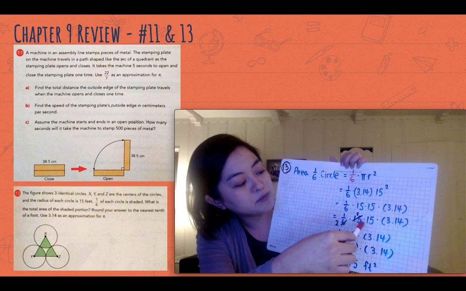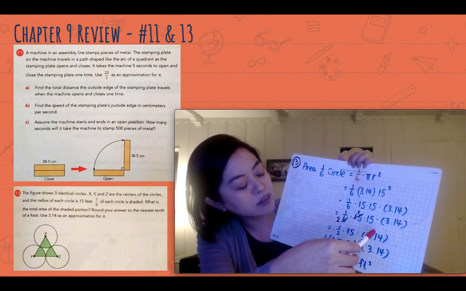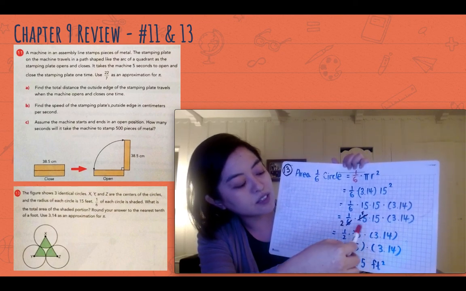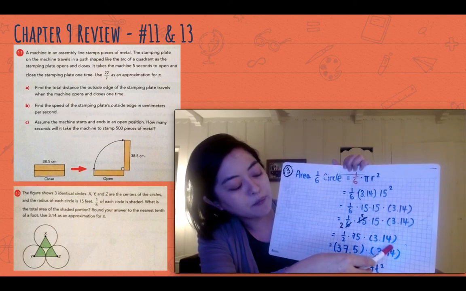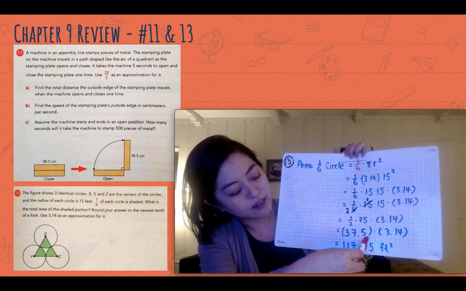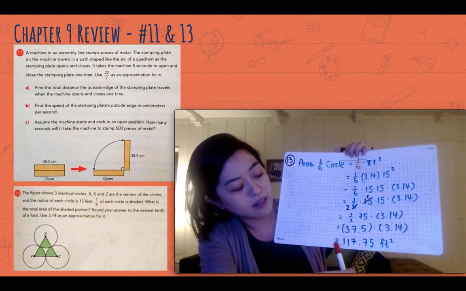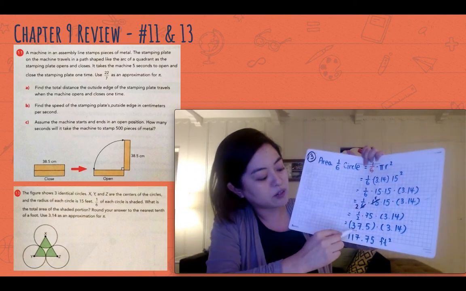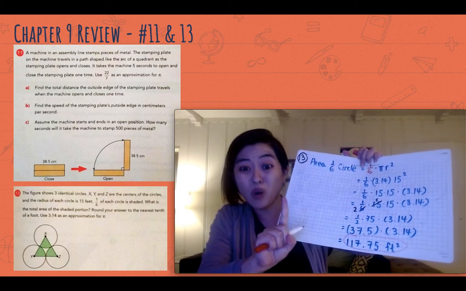And then it's 1/2 times 5 times 15, and 5 times 15 is 75, times 3.14. And then half of 75 is 37.5, and I'm going to multiply that by 3.14, and I get 117.75 square feet, as the area of the shaded part of only one circle.